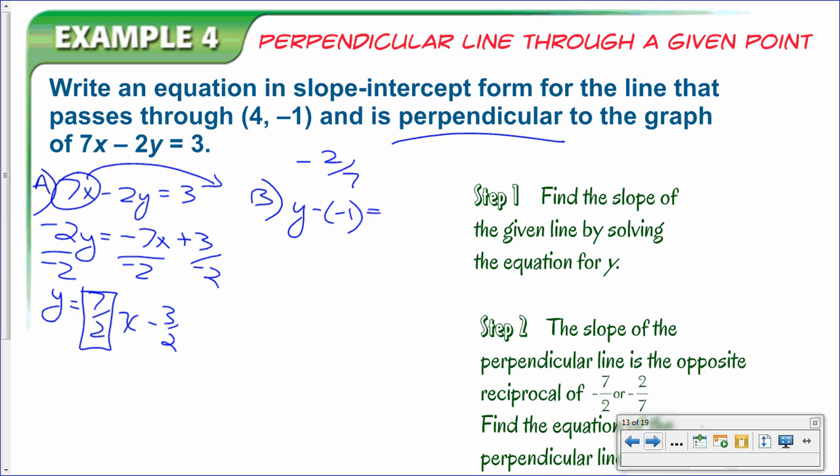Okay, so y minus -1 equals -2/7 times x minus 4. Y plus 1, so x, that over 1 would be plus 8/7. Subtract 1 from both sides.